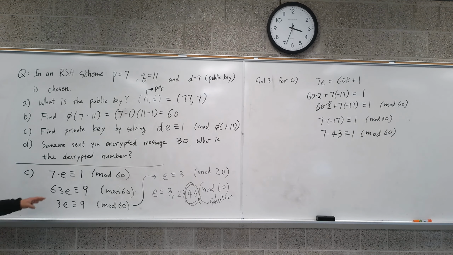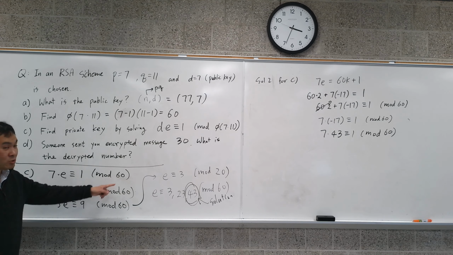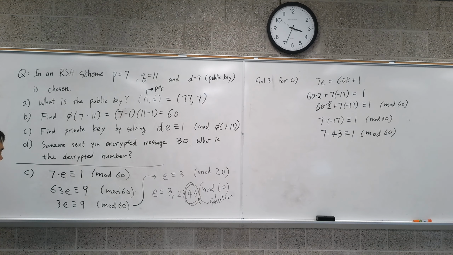Now the one thing that caused us trouble here is the fact that 60 has too many divisors. It's divisible by 2 and 3 and also by 5.